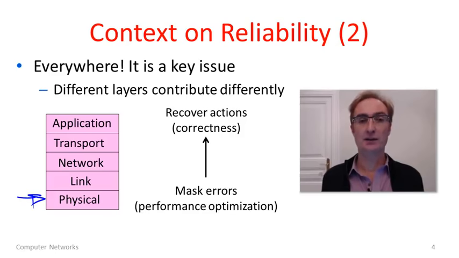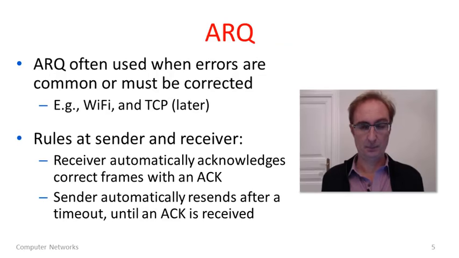So the higher layers of the protocols will also need their own functionality to handle reliability. This functionality is mostly then concerned with correctness and usually recovery actions rather than performance and masking errors. Okay, so that's reliability in general. Let's go on to ARQ.